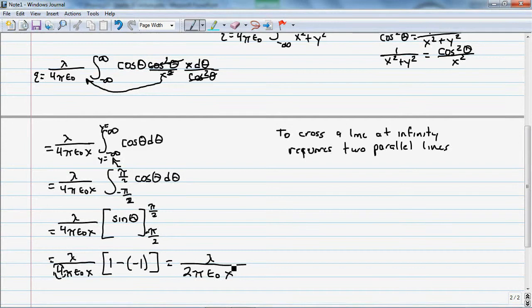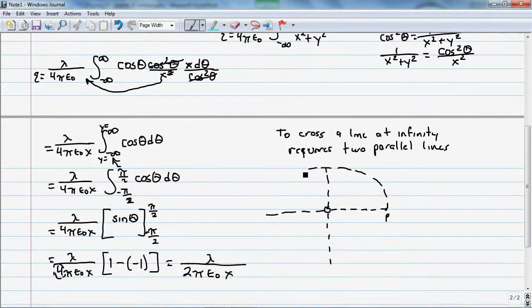Now, remember, if I look at this wire from the top, I'm looking straight down, and here is my point P. This rule is valid if I look in this direction, this direction, this direction.